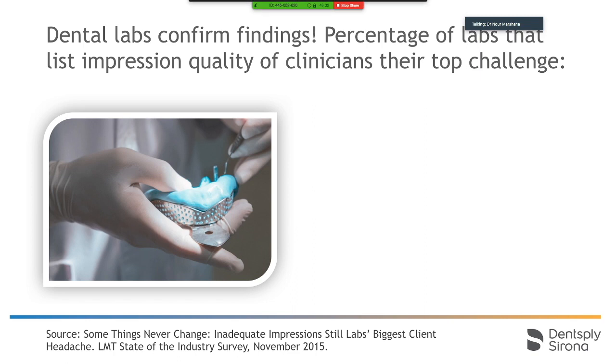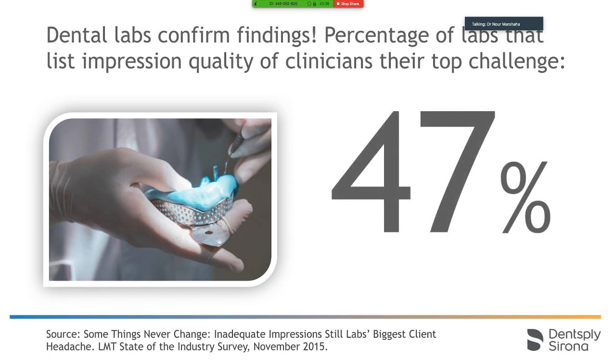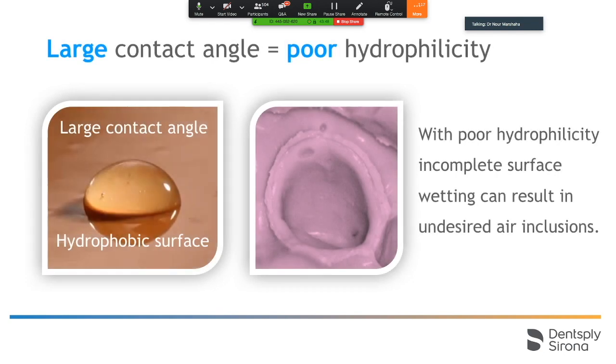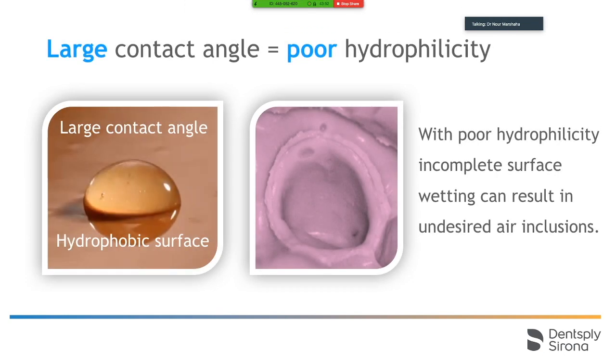This is related to impression taking. Dental labs confirm findings that 47% of clinicians say the impression material is not the top challenge. So make it anyway and try to practice to make a good impression.